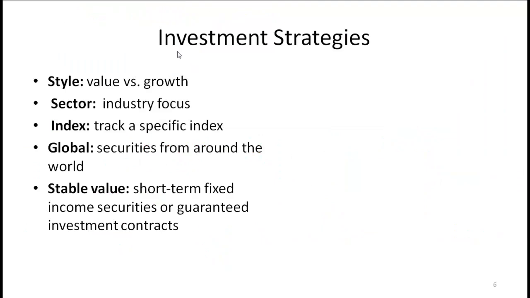Now let's talk about investment strategies. If you look at the mutual fund prospectus of any major mutual fund company, you will actually see several funds, and funds can be categorized along several dimensions. You can have funds with different styles. For example, you can have a mutual fund that's based on growth stocks.